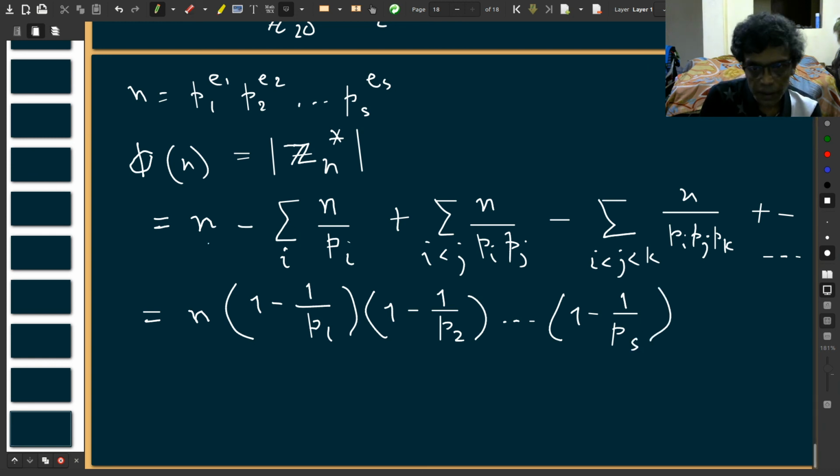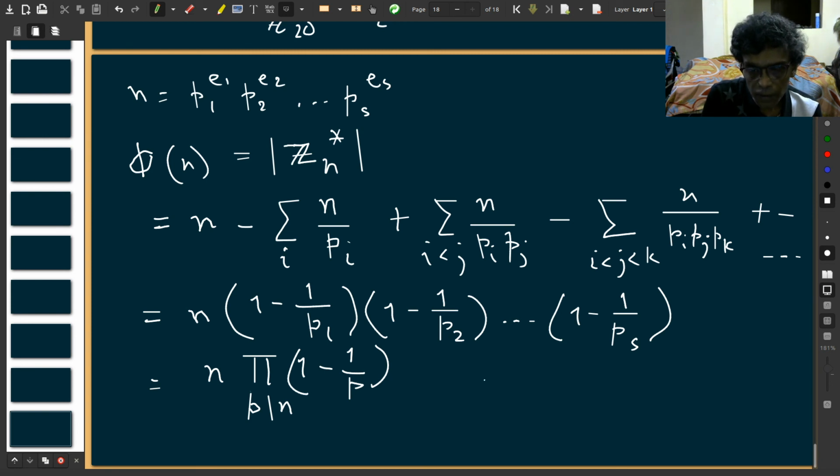So this is the explicit formula: given the prime factorization of n, you can compute phi of n using this formula. Sometimes this is written as n times the product of 1 minus 1 over p, and this product is over all prime divisors of n.